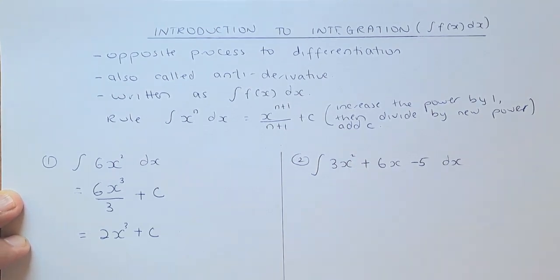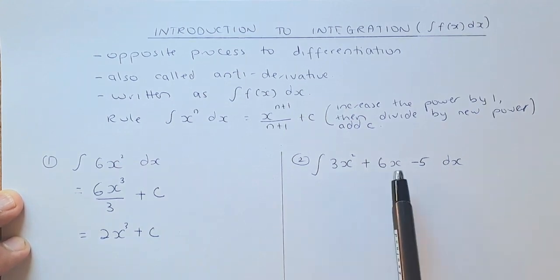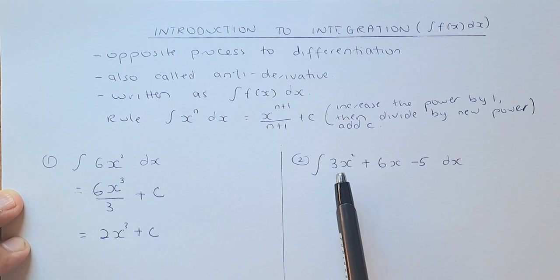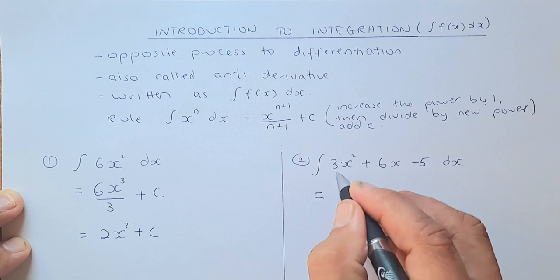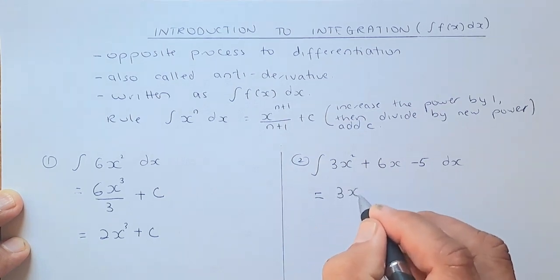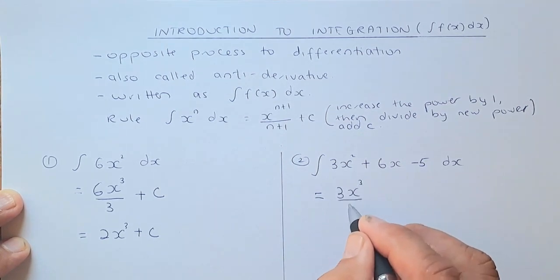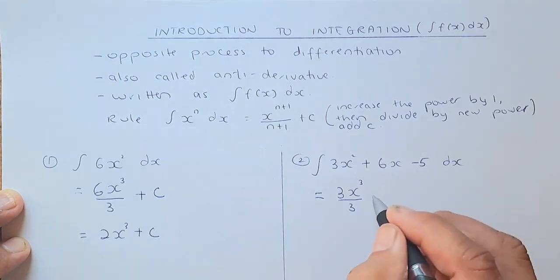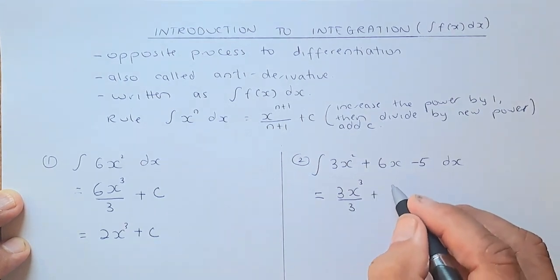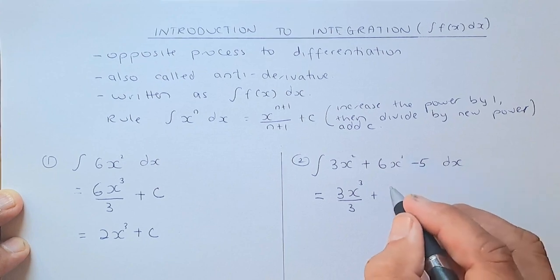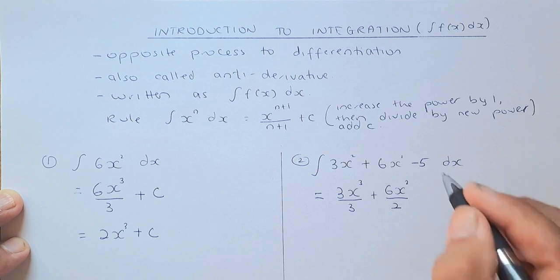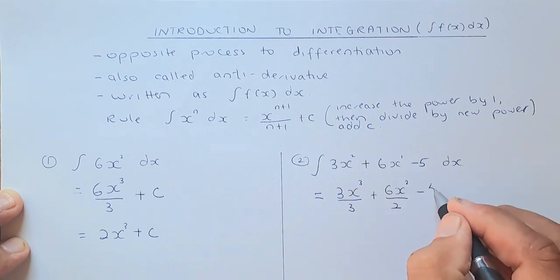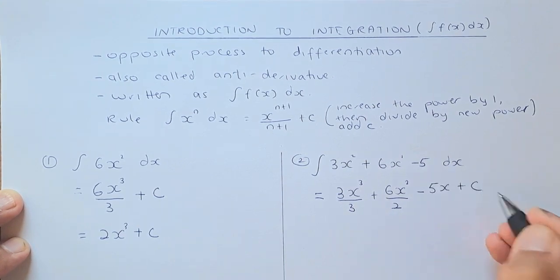Now a slightly longer expression, and this time you have 3 terms. So we're going to integrate each one of them separately. So the first part, you're going to put the equal sign. 3x squared becomes x cubed, and then you divide by the power, which is 3. Then the next term, you have 6x, so it becomes 6x squared, 1 becomes 2, and you divide by 2, and then minus 5 is going to be just minus 5x, and don't forget your c.